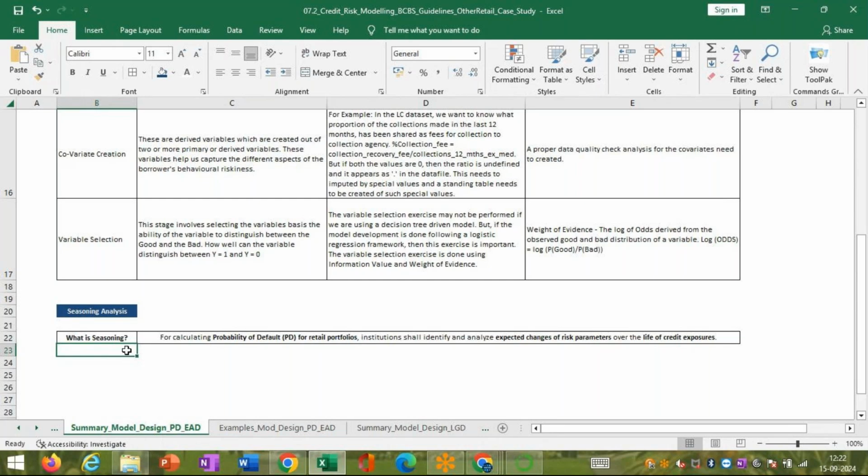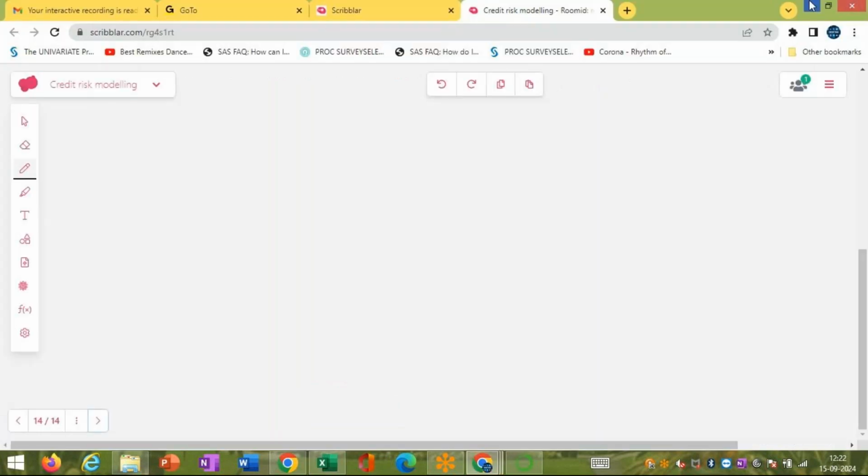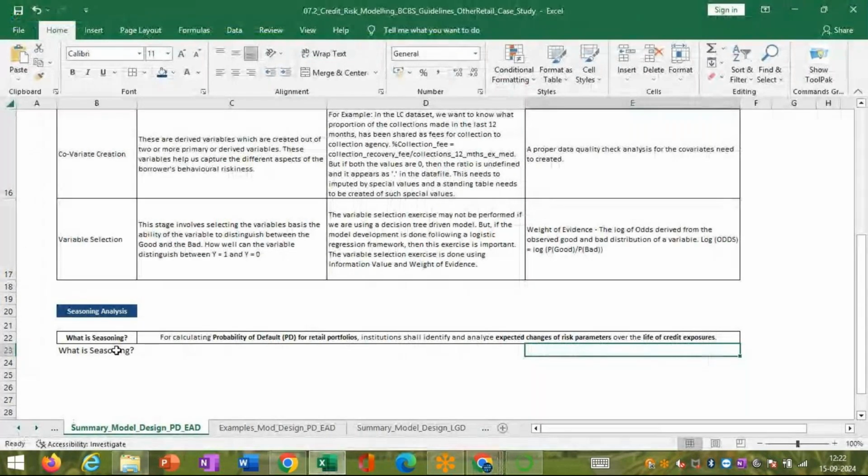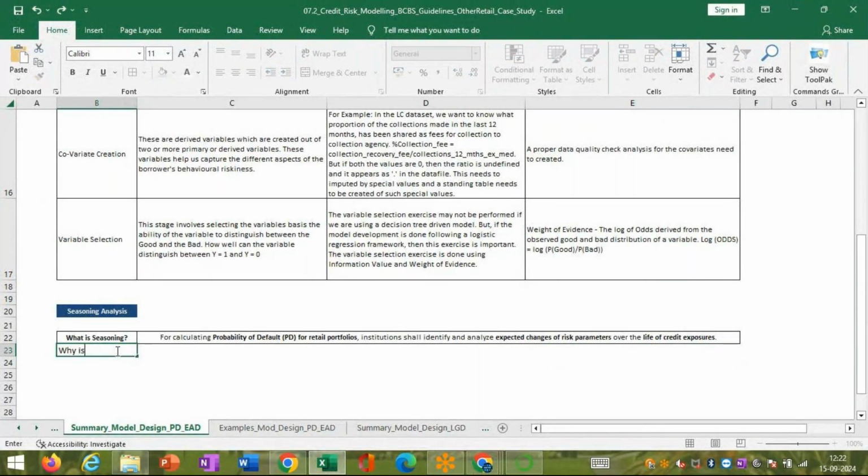So that's the next question that we will ask ourselves: why is loan age an important predictive variable for default rates?